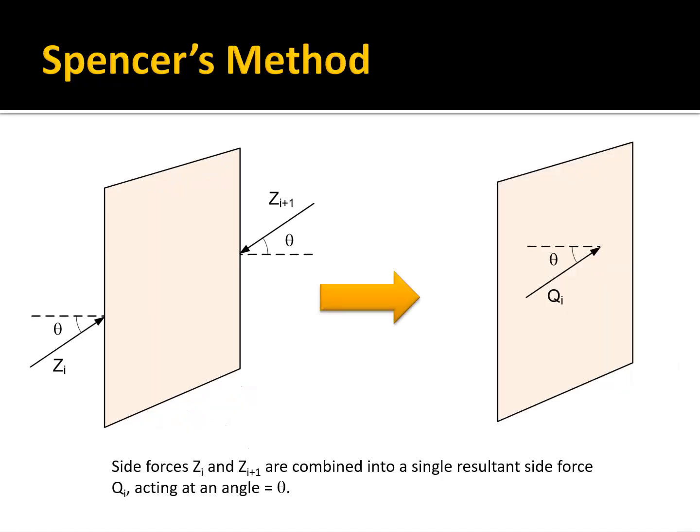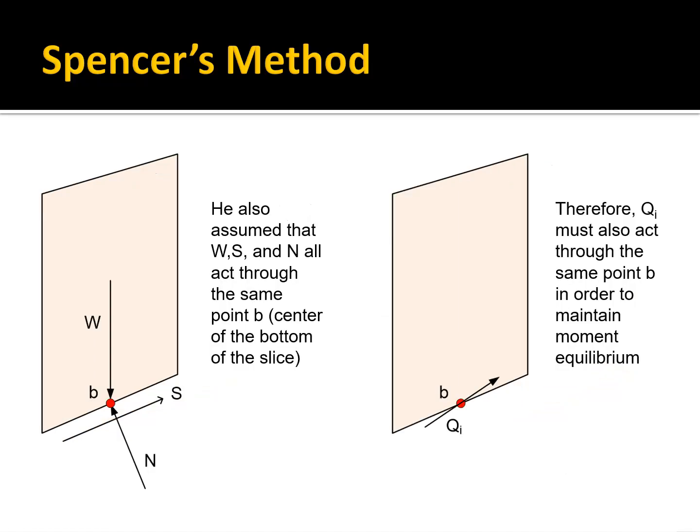Okay? So, since the side forces Z and Z i are acting at the same angle, we combine them into a single resultant side force, Qi, acting at that same angle.